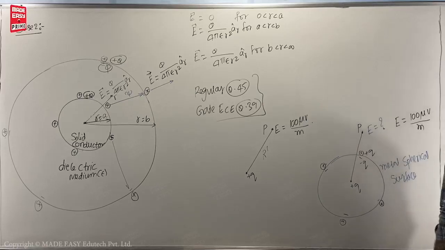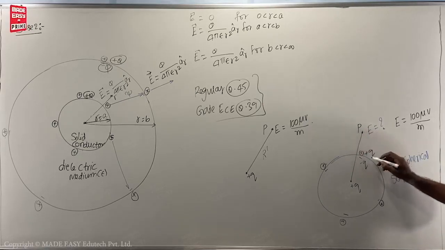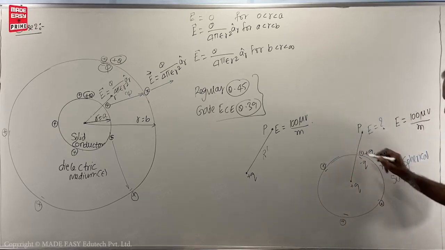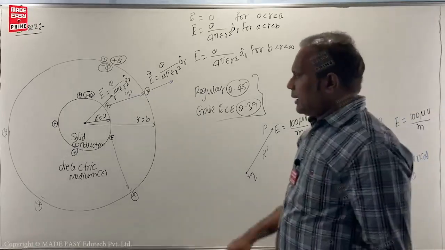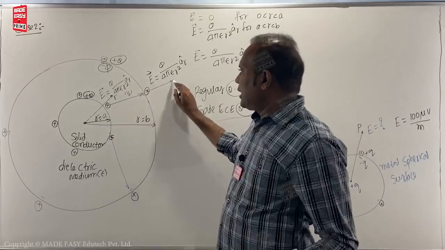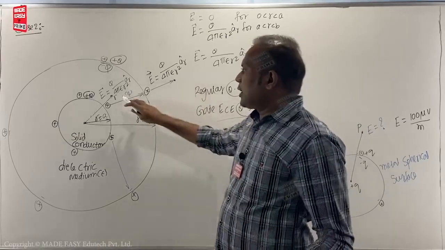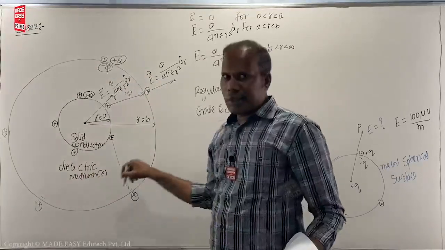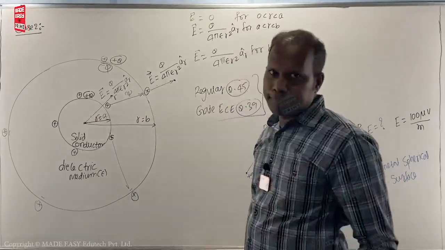Some students may get confused, saying, sir, the distance changes again. No, actually the total charge is not at this location, it is distributed, so that effect is reduced. Anyway, don't worry, I told you. Here also the electric field is generated due to Q charge, here also due to Q charge. Distances are always measured from the center.